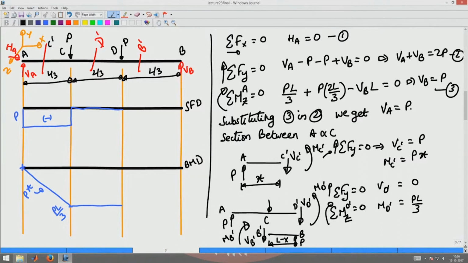Similar to the above, you will write the vertical force equilibrium to get V B prime as P and M B prime as P into L minus x. That comes from the moment equilibrium, Mz about B prime, taking anticlockwise moment as positive.